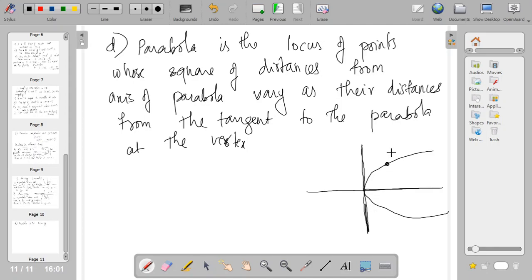If you take any point xy on the parabola, the parabola is a locus of points whose square of distance from the axis of the parabola, so the square of this distance, is equal to some k times this distance. That is the second approach to look at the parabola as a locus of points.